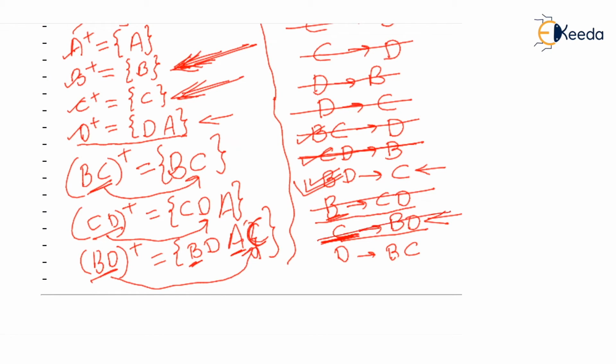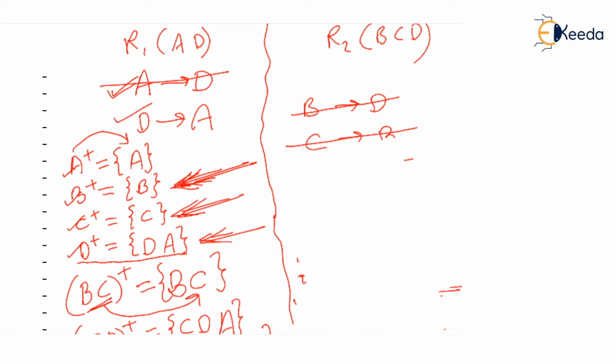Similarly, you check D closure, left hand side is D, so D closure is not containing BC. It contains DA, so not satisfied. So out of all the dependencies, only one is satisfied. What is that? BD determines C. BD determines C is satisfied by this second table.